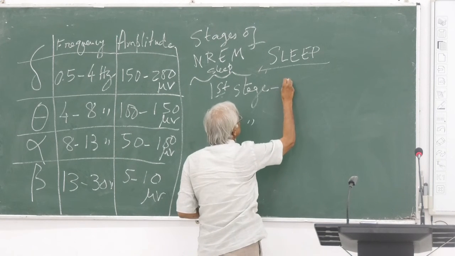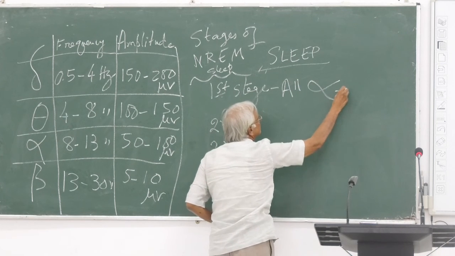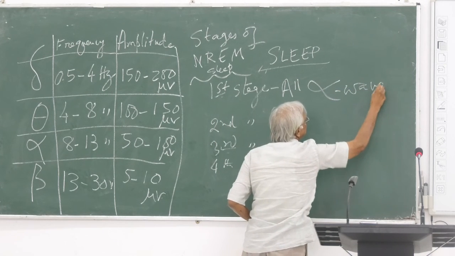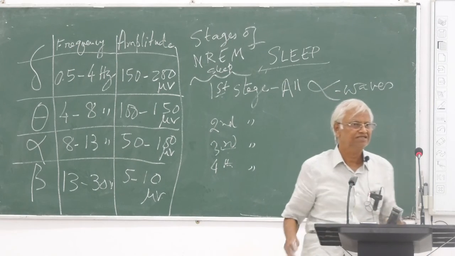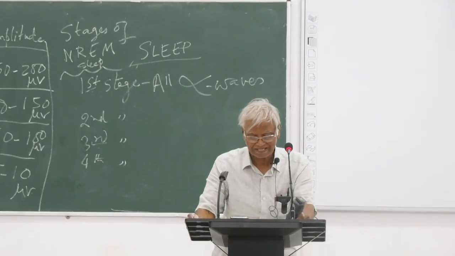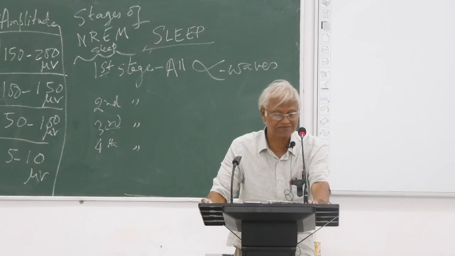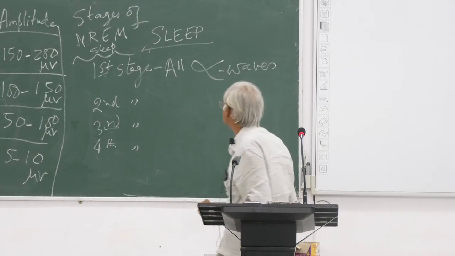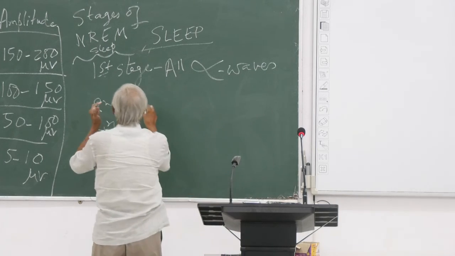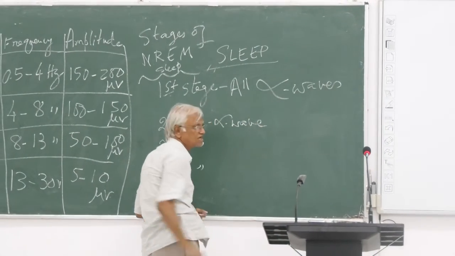In the first stage, we just doze, and only alpha waves you will find. Then we go into the second stage, stage 2 of NREM sleep. There also you will have alpha wave. But there is a difference.